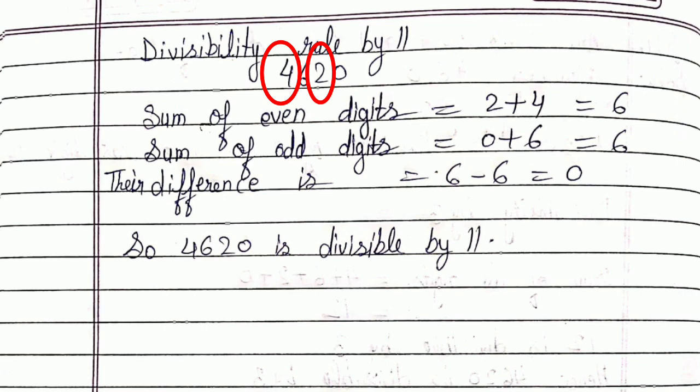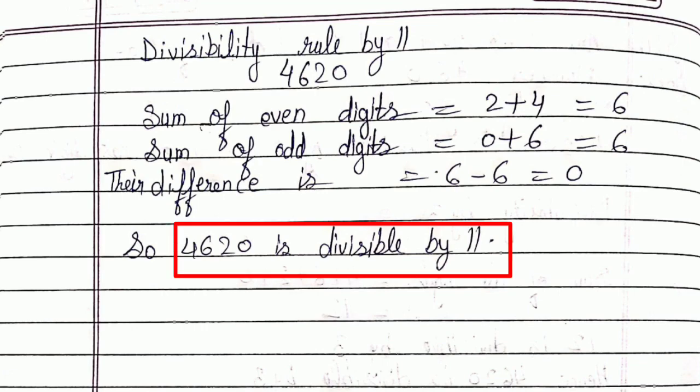We will add these, we will have 6. Now the sum of the odd place digits will be 0 plus 6, then 6 will come again. Their difference is 6 minus 6, that is 0. And according to the rule, if the difference of the even and odd place sums is 0 or 11, then this whole number will be divisible by 11. So we can say that this number is divisible by 11.